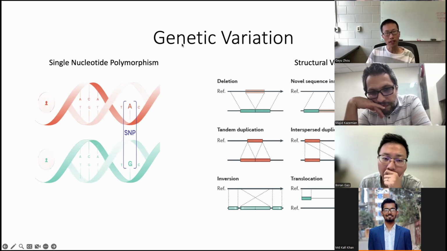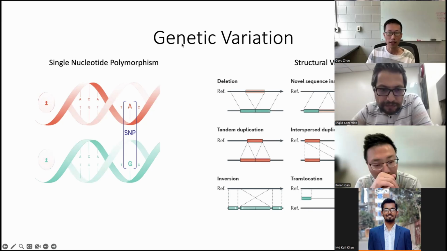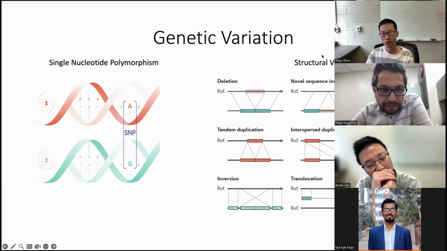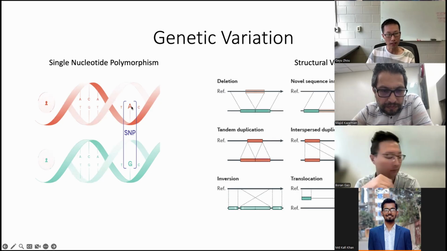Generally speaking, there are two kinds of genetic variations: the single nucleotide polymorphisms, the SNPs, or the more complicated structural variations. A single nucleotide polymorphism is just a change of the base pair at a single nucleotide level from the reference.